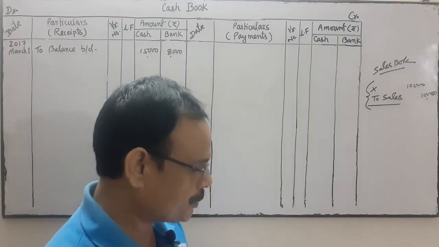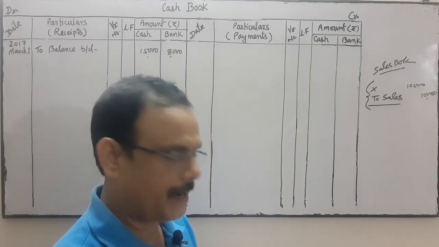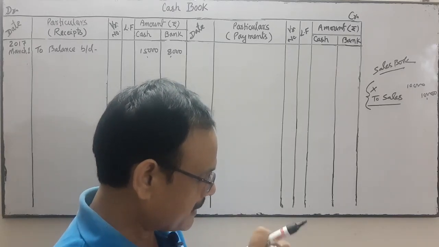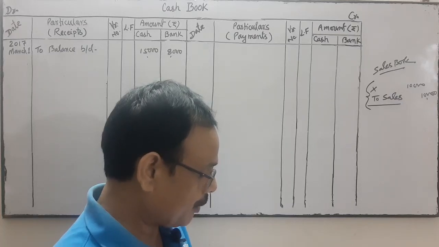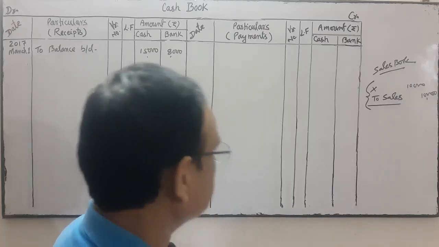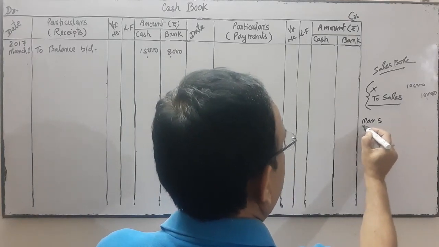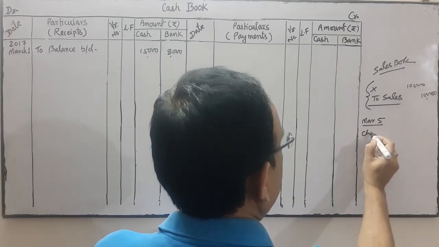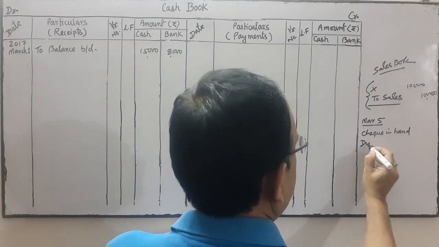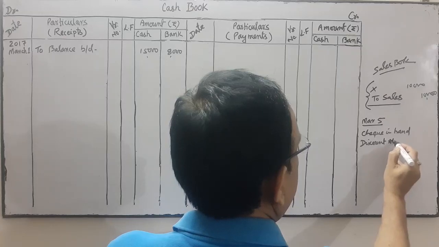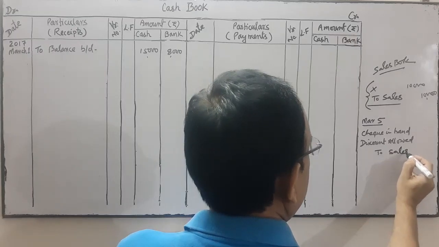Next is sold goods for rupees 20,000, received check from them. March 5: sold goods for 20,000, received check, discount allowed 2.5%. The check was deposited into the bank on 7th March. As the check is not deposited on the same day, on March 5 the entry is check in hand account debit, discount allowed account debit, to sales account.